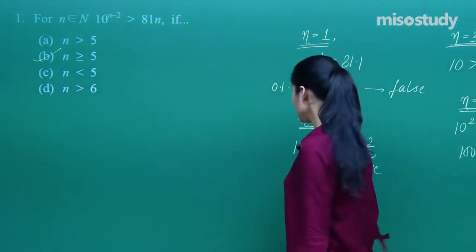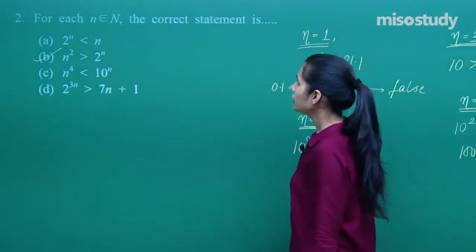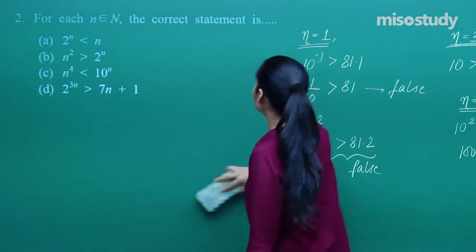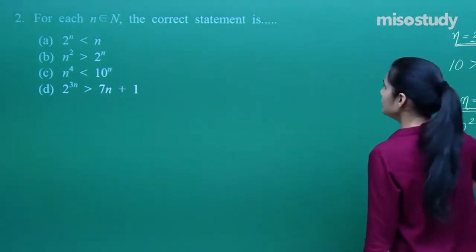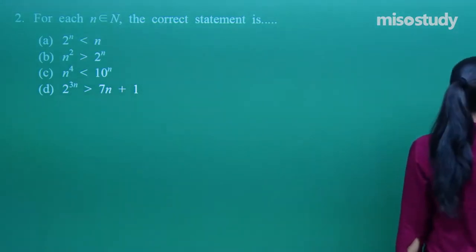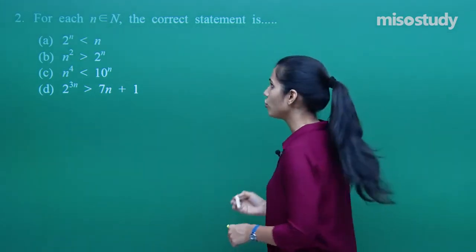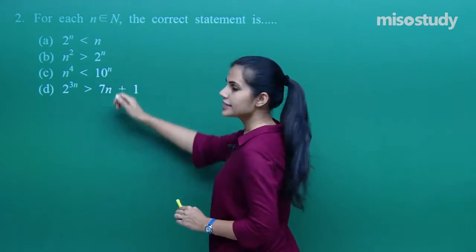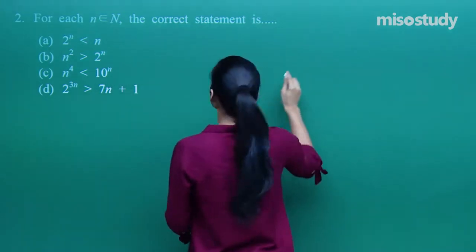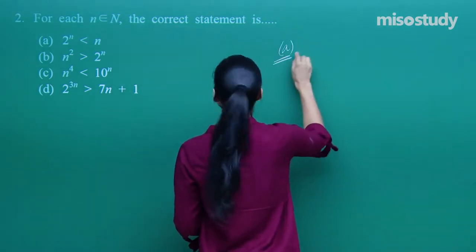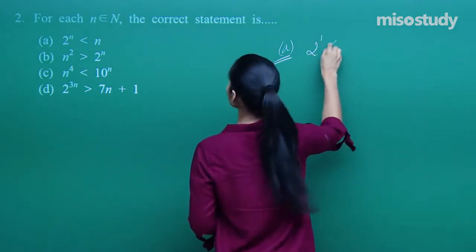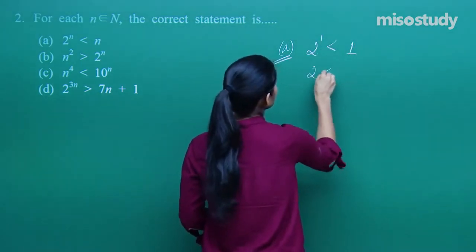Clear? Next question says that for each n in N, the correct statement is what? Whenever the question is talking about for each n in N, begin with n equals 1 for sure. Let's see which statements are correct. For the first statement, for n equals 1, 2 to the power 1 is less than 1, that is 2 is less than 1.